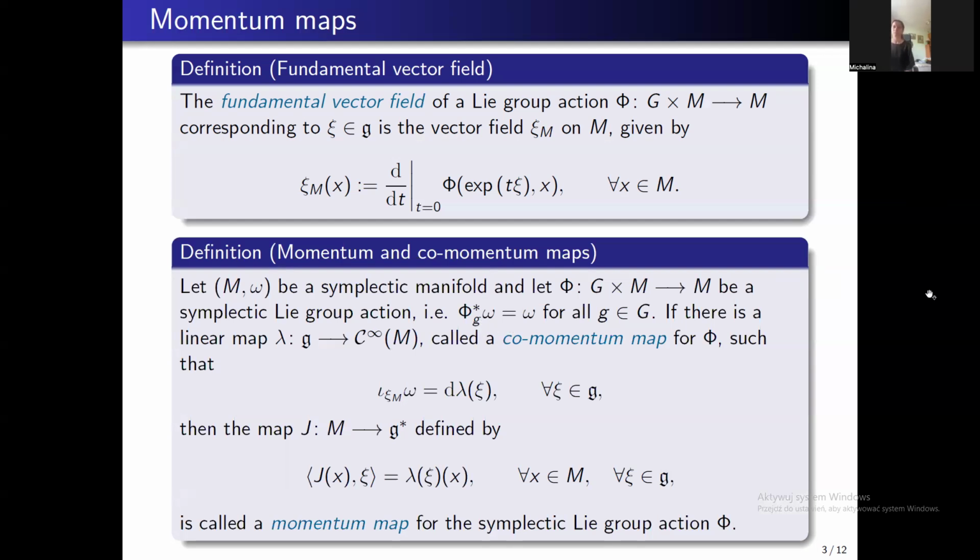If for each Lie algebra element the corresponding fundamental vector field is Hamiltonian, then we can define a linear map, lambda, defined as follows, called the comomentum map for this Lie group action, and also the corresponding map called the momentum map, which is the map from our manifold to the dual of the Lie algebra.